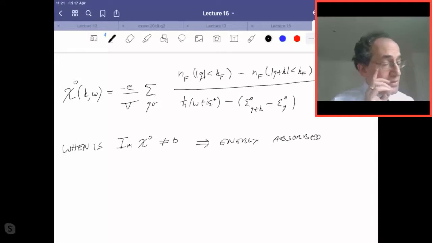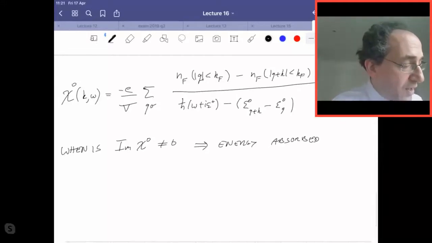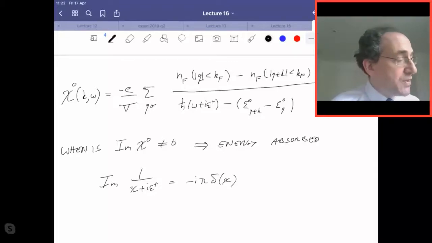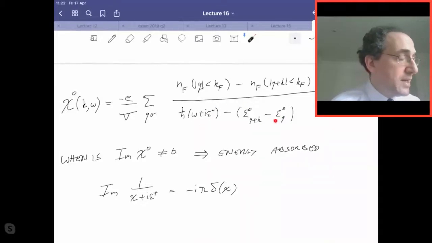And let's find out when you have a non-zero result. Recall that the imaginary part of 1 over some x plus i epsilon is minus i pi delta function of x. So that means that we're going to have an imaginary part when this denominator hits 0.